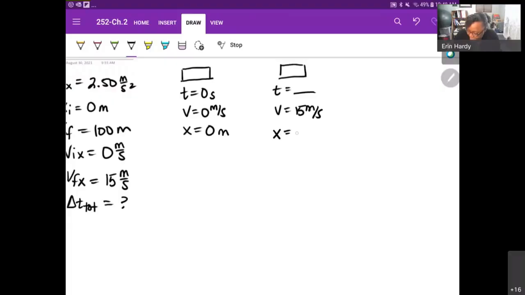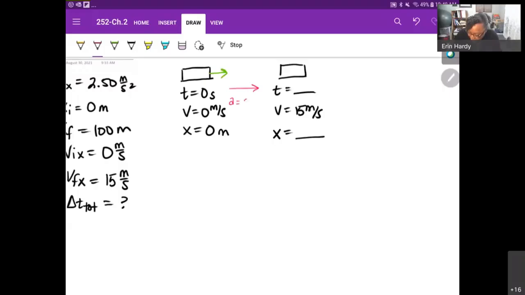I know they're not at the starting line anymore, but they're also not finished, so we can figure out what that x is. And we know that if the velocity of the sprinter is toward the right, then the acceleration of the sprinter is also going to be in that same direction if they're speeding up.